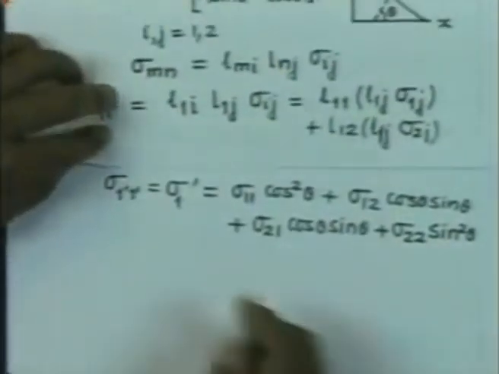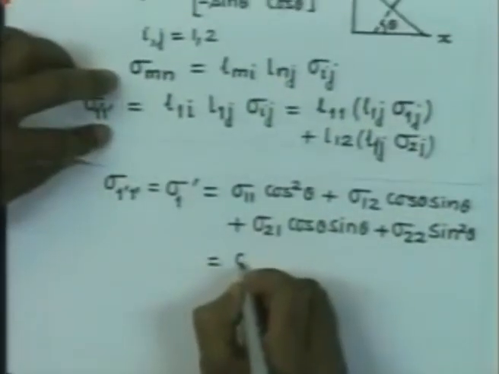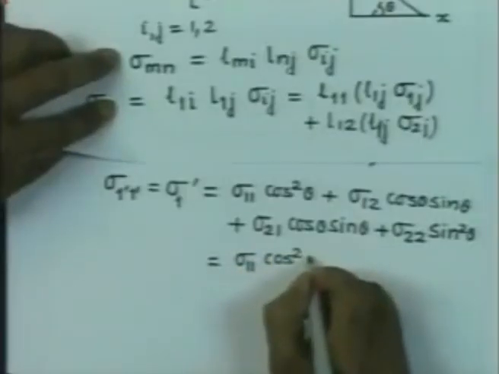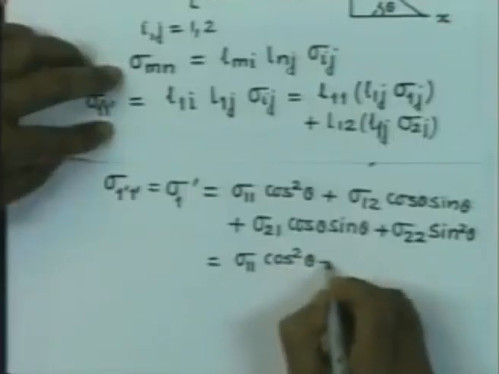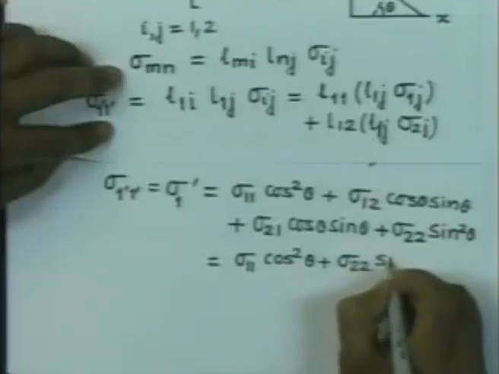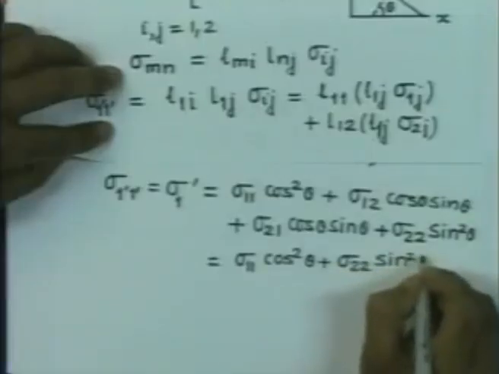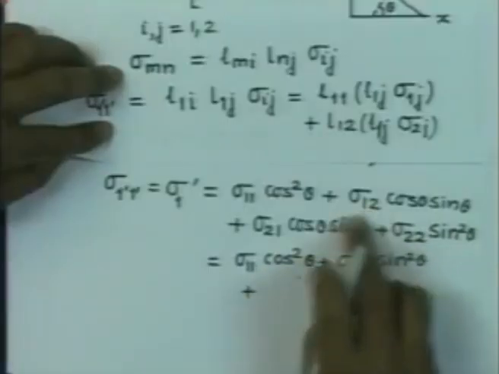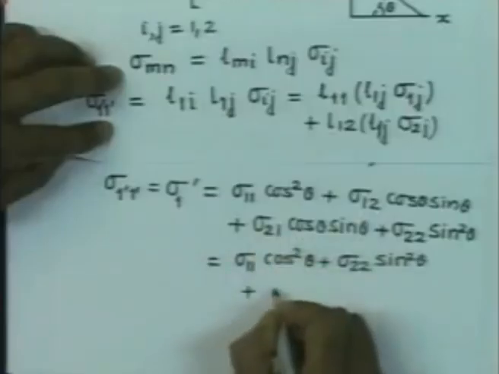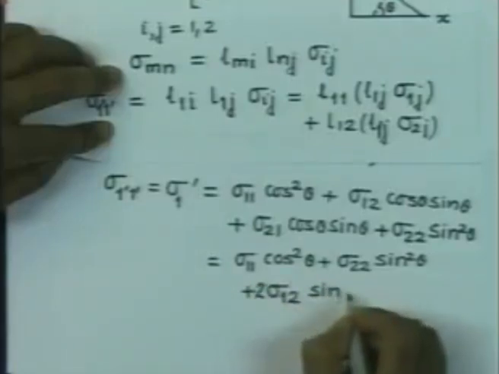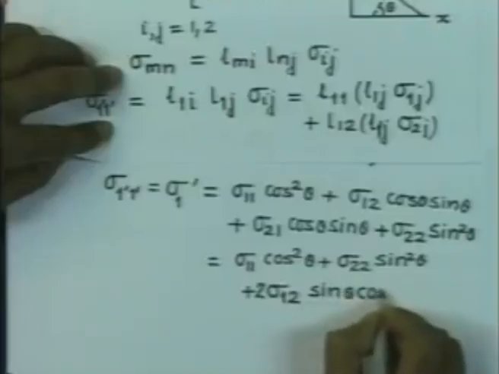So, this finally is nothing but sigma 1 1 cos square theta plus sigma 2 2 sin square theta plus, since sigma 1 2 is equal to sigma 2 1, we can write this thing as sigma 1 2 twice sin theta cos theta.